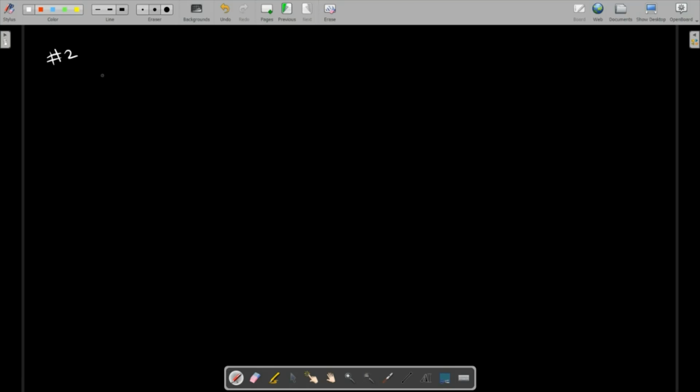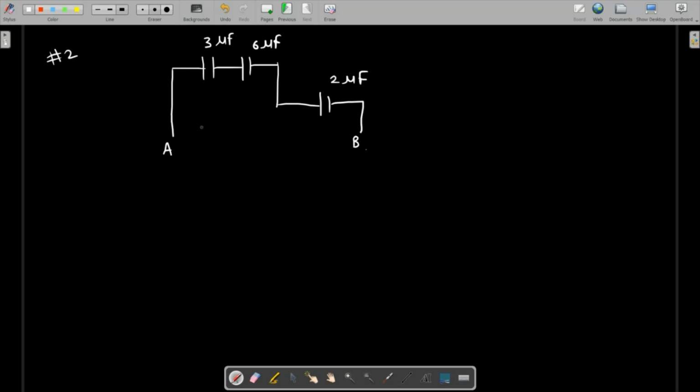Let's talk about another one. So we have a connection as these two capacitors are connected over here, while one capacitor is connected over here, and we have to find the equivalent capacitance between A and B. So again, although it is branched out, it is in the same series connection. So if this is 3 microfarad, this is 6 microfarad, and this is 2 microfarad, again, we are going to say that all three are in the same series connection.